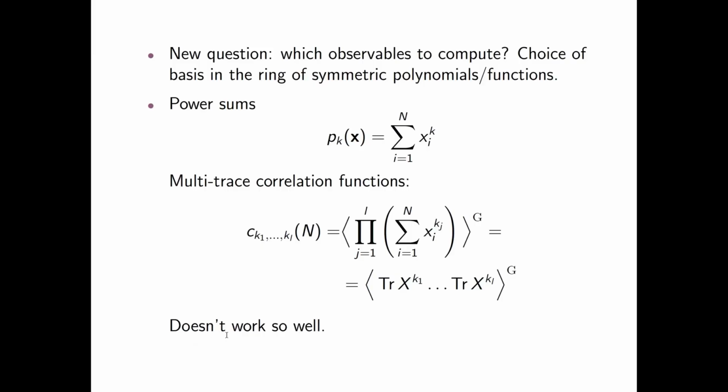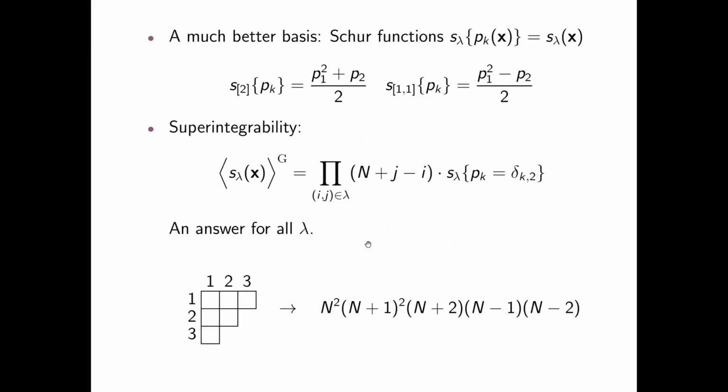While it's a useful object and it appears in physics, it doesn't work very well if you want an explicit answer at any value of k, or at any value of n. What works instead is to choose another basis, the so-called Schur functions, which I'll not define, but these are pretty well known.